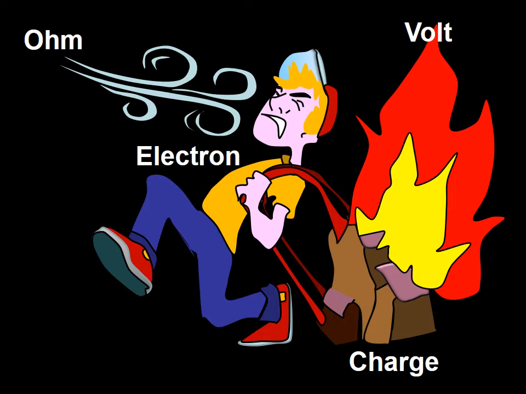The storyline that goes with this frame is that when the young man's backpack catches fire, he starts to run forward to avoid being burned by the flaming backpack. And his way forward is opposed by the wind in his face. The fire in this frame represents the volts and the wind represents ohms.